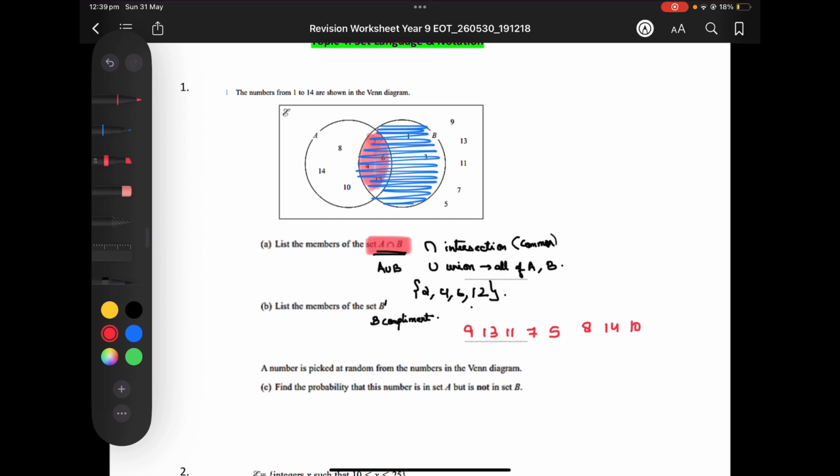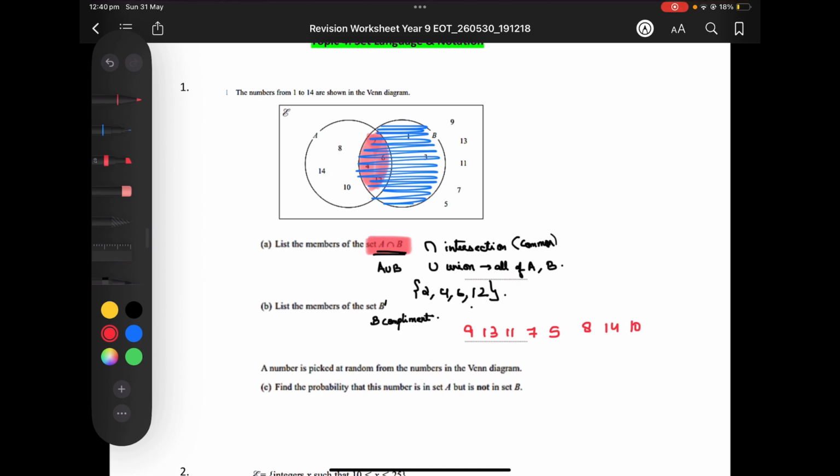The next question says a number is picked at random from the Venn diagram. Find the probability that this number is in set A but not in set B. Now he is taking us to probability. This becomes a little different question.